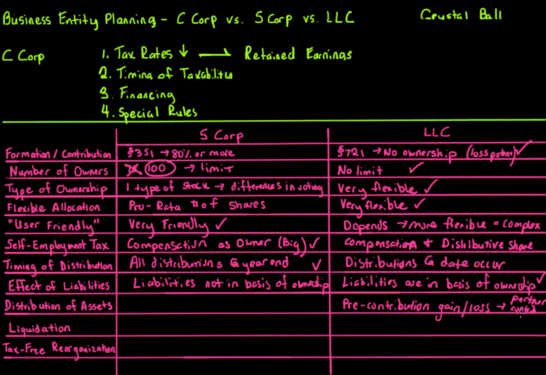That's going to be allocated among the partners, owners, members, right? So partner two, even though partner one gets the property, is going to be allocated the $80,000 pre-contribution gain, the difference of the $100,000 value at contribution minus the $20,000 basis when contributed. $80,000 goes to that partner. Okay?